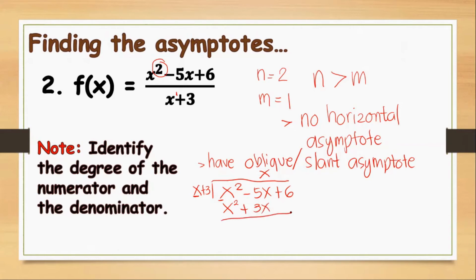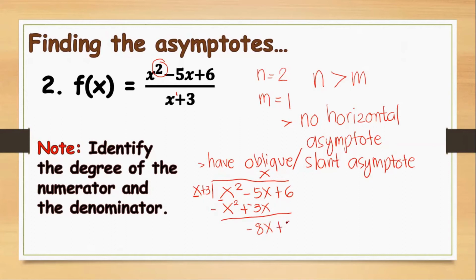Just like any other division with regular numbers, we have to subtract this part from our new product. So x squared minus x squared, we get 0. And negative 5x minus 3x, we get negative 8x.